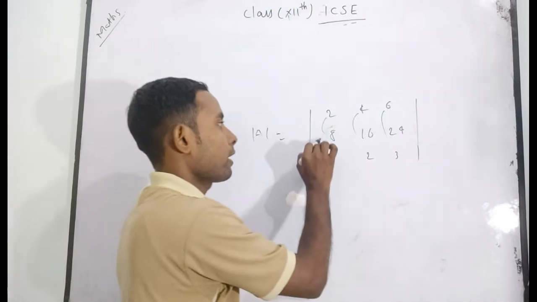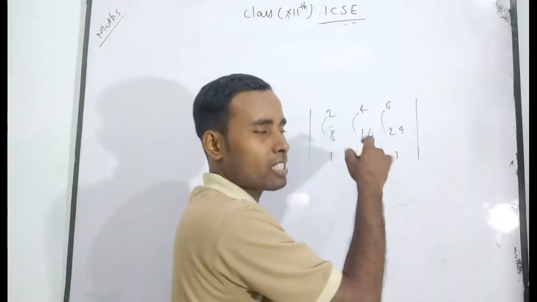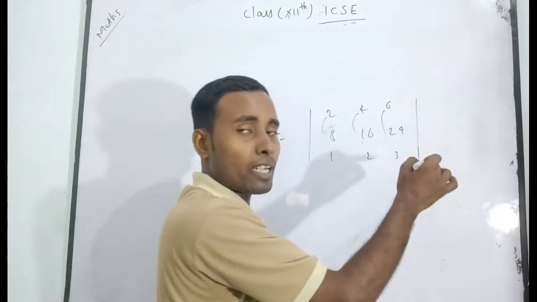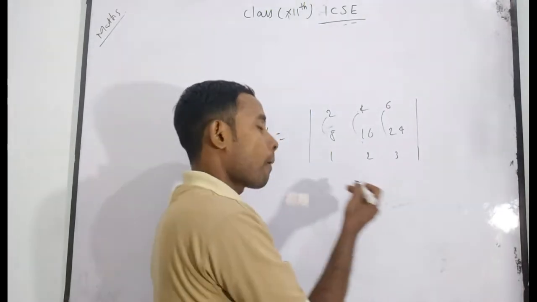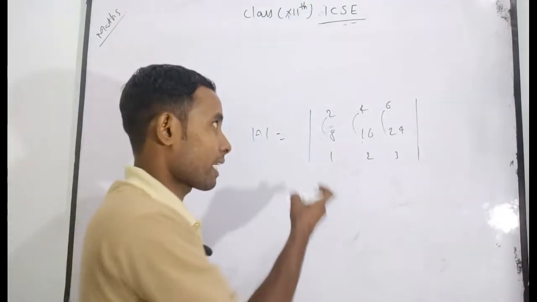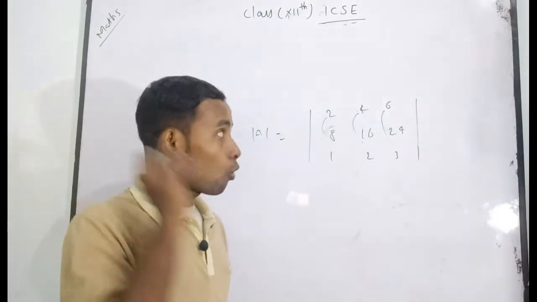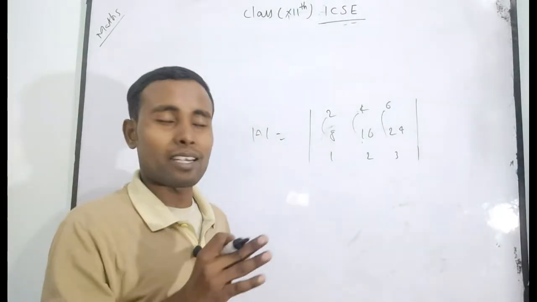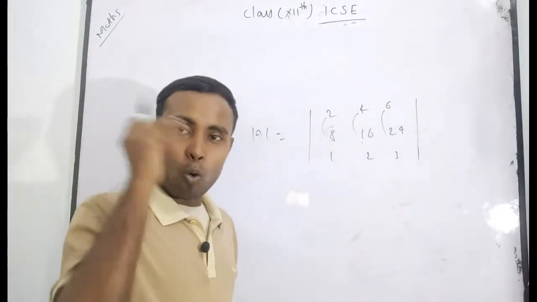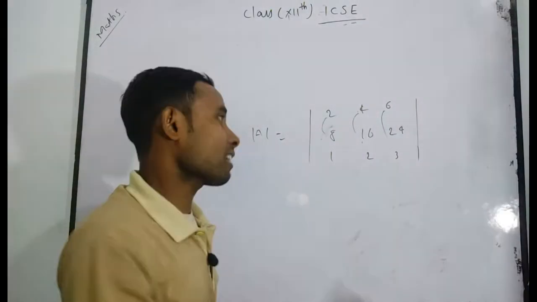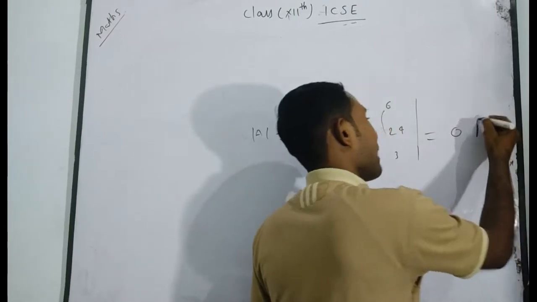That means 2 upon 8 will be 1 upon 4, 4 upon 16 is 1 upon 4, 6 upon 24 will be 1 upon 4. In that case, as you know, the ratio of the 2 rows' entries is constant, so without going anywhere, directly you can write its determinant will be 0.